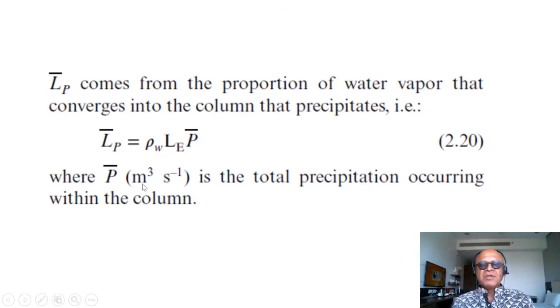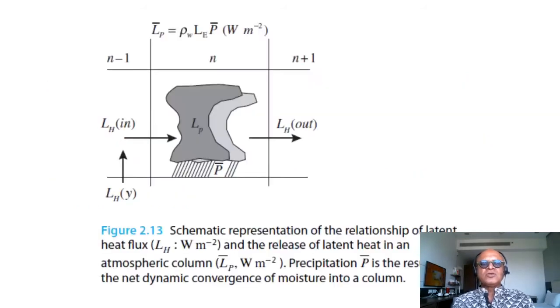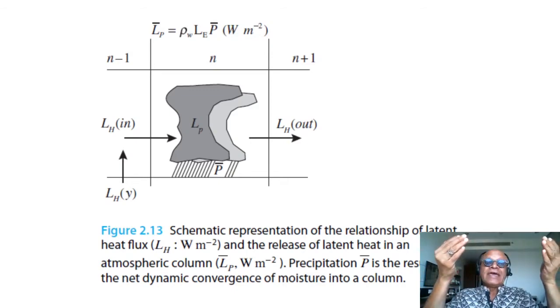So that's in meter cubed per second as a volume of water. That's the total precipitation. Every time evaporation happens, energy is taken from the ocean or from the soil or the lake or whatever. Hydrogen bonds are ripped apart, energy is removed, so water cools, and that energy is put into the atmosphere. When the water vapor condenses, that energy is released, right?